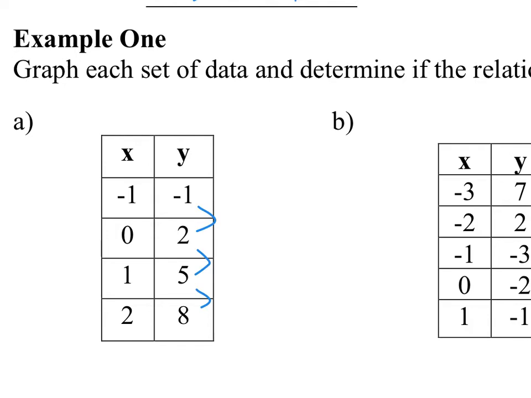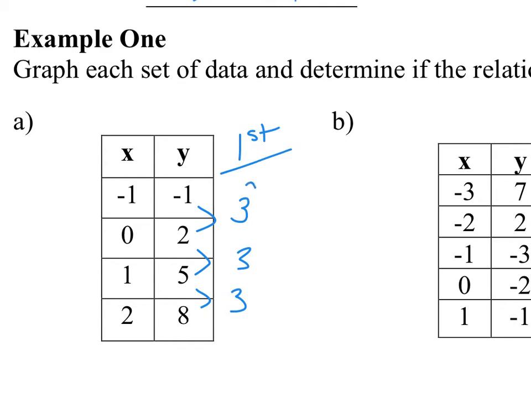So you're going to take out your calculators and we're going to subtract from the bottom up. 8 minus 5, 3. 5 minus 2, 3. Now here's where you've got to be careful on your calculator. 2 minus negative 1, 3. So this is my first difference.